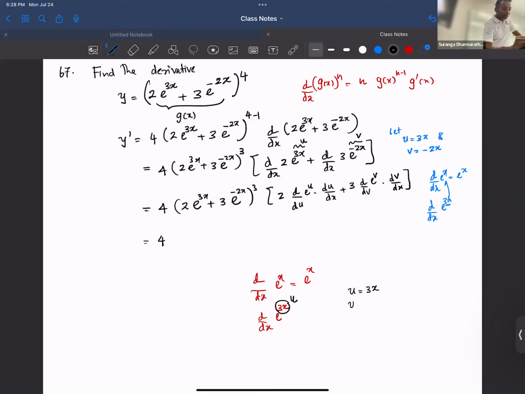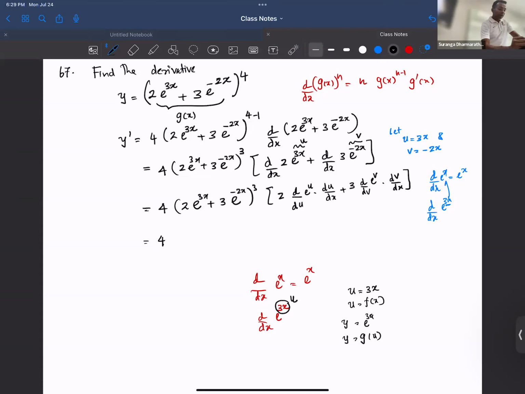Now u is a function of x. And now what is y? If y equals e to the power 3x, now y is a function of u. You can put it as g of u.